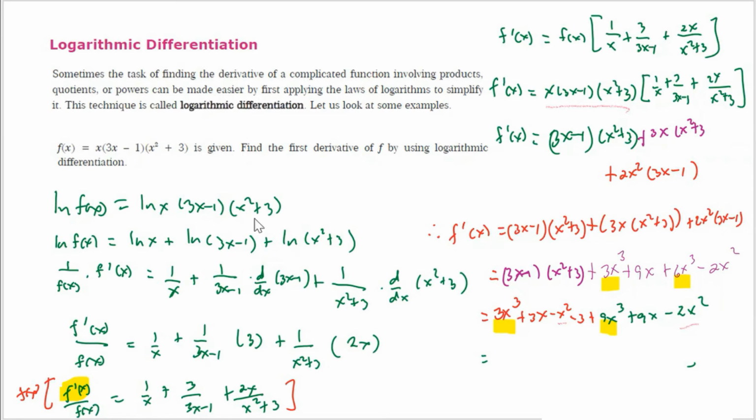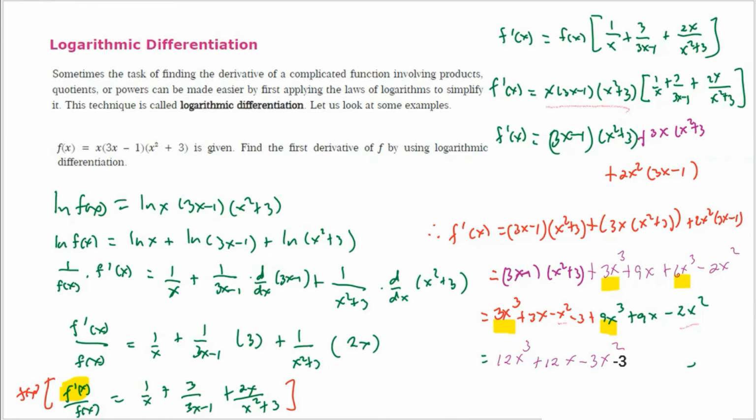So combining like terms now, 3x cubed plus 9x cubed equals 12x cubed. And then in terms of x, we also have 3x plus 9x, so plus 12x. And then negative x squared and negative 2x squared, so negative 3x squared, negative 3.